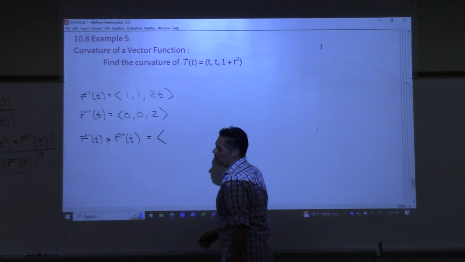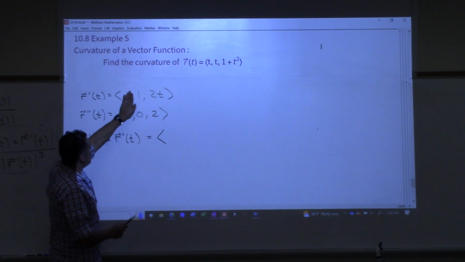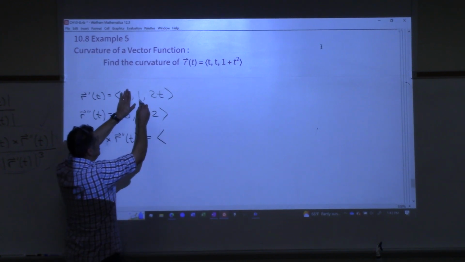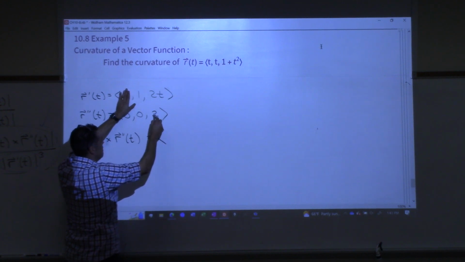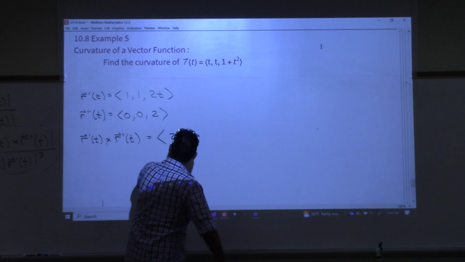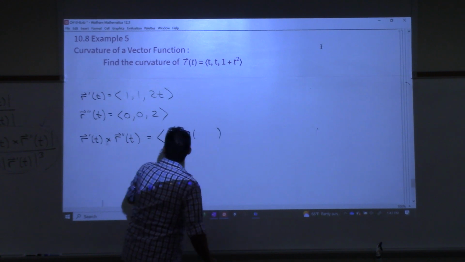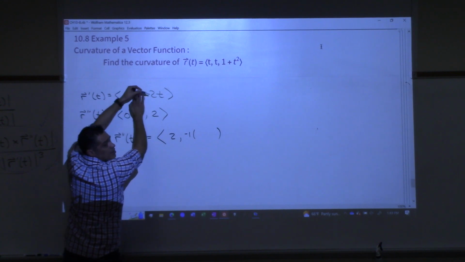Okay, let me go through this. I'm going to get the first component, I cover these two up, and I do a determinant. 2 minus 0, right? So 2. Then a negative 1. And now I cover up the middle one, and I get 2 minus 0 again.